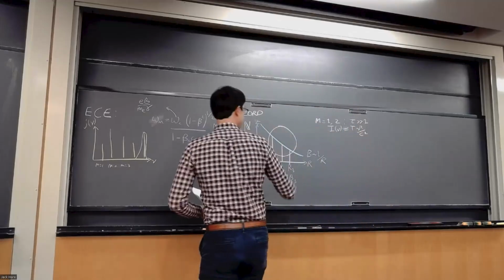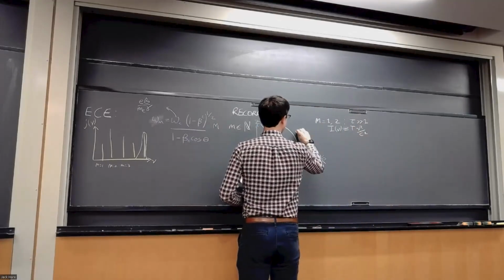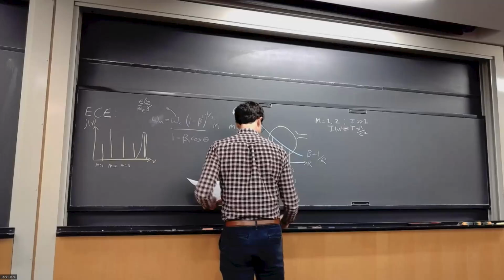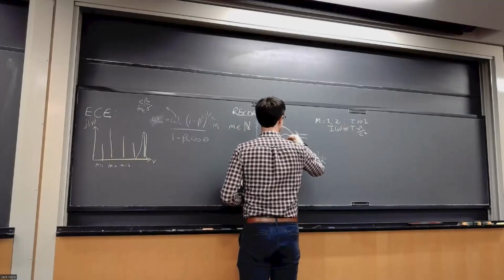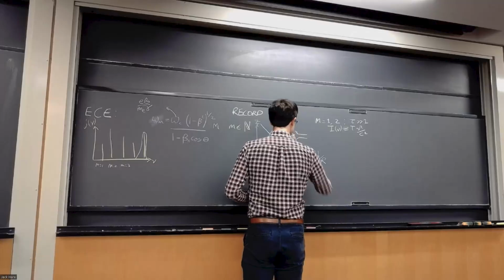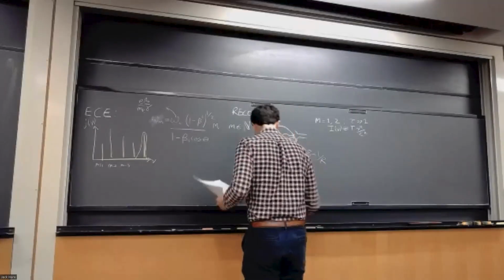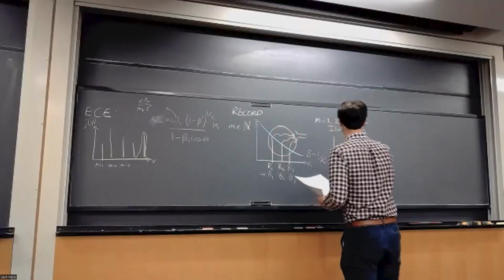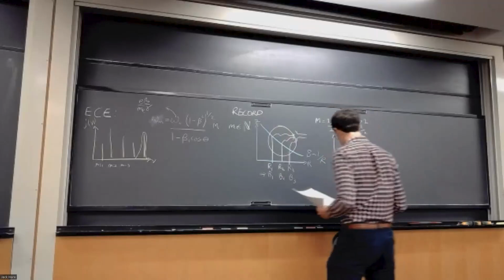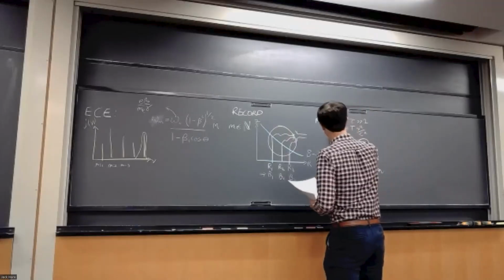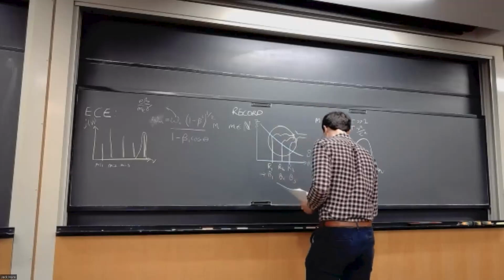And what we'd expect to get out if we put our little microwave horn and collected the different frequencies coming out from this plasma is we'd expect some sort of spectrum where different parts of the spectrum correspond to different regions of this plasma.